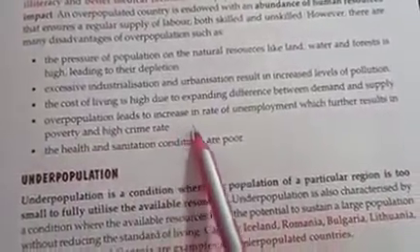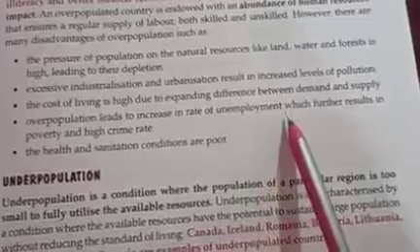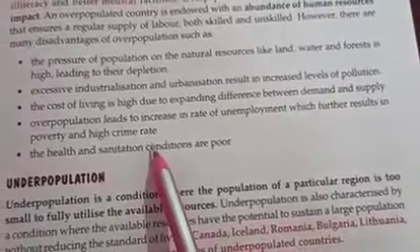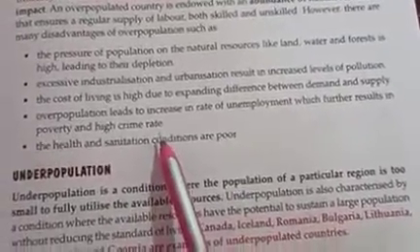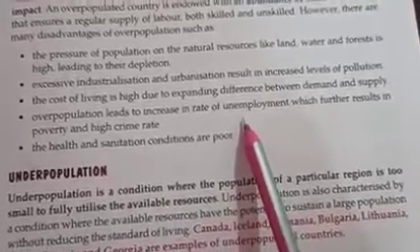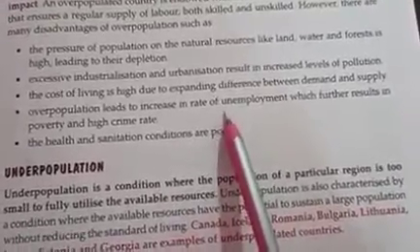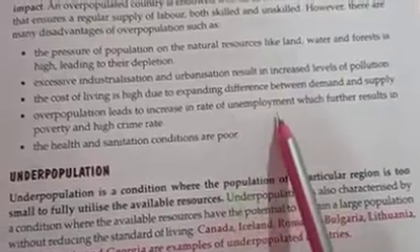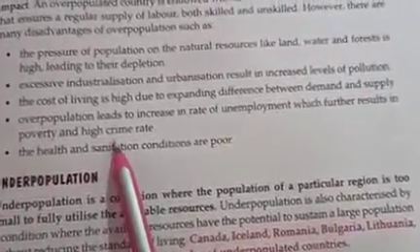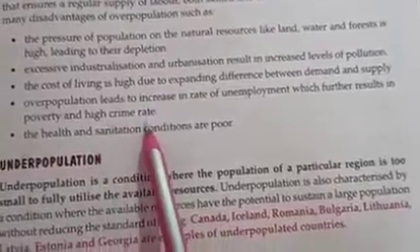Overpopulation leads to an increase in the rate of unemployment, which further results in poverty and high crime rate. So in an overpopulated region, there is always a crisis for employment. So the people are unemployed. So the people are poor, and because of poverty, this leads to a high crime rate.